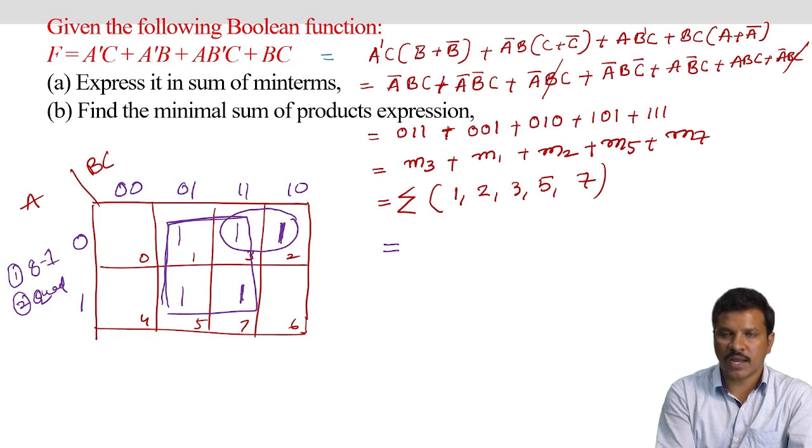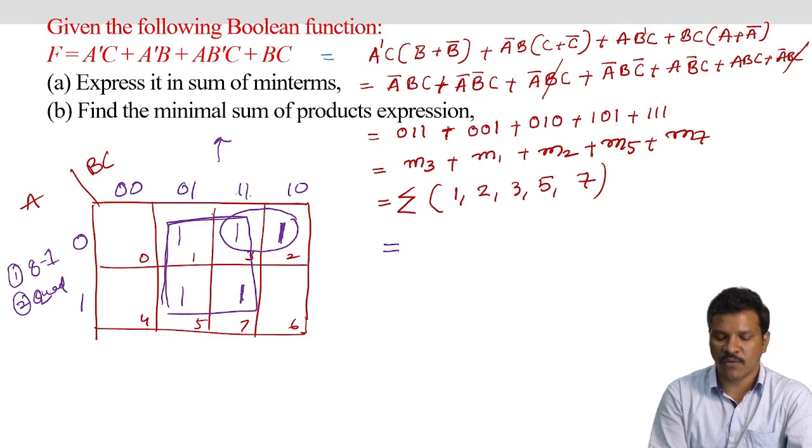In the vertical direction, the square box covers 01 and 11. The common term is the second one, and 1 means C. So only C comes.